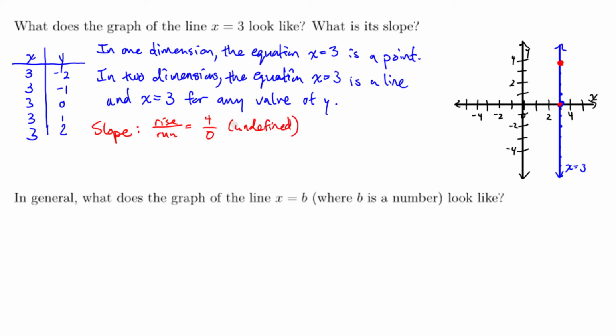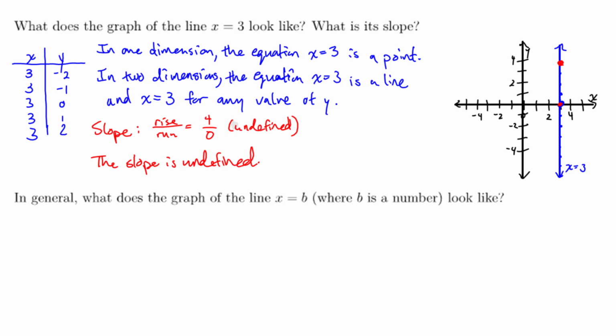So if I summarize that, the slope is undefined. It's not a real number. And if I look at it conceptually, it's as steep as possible. I don't have a measurement for how steep that is.